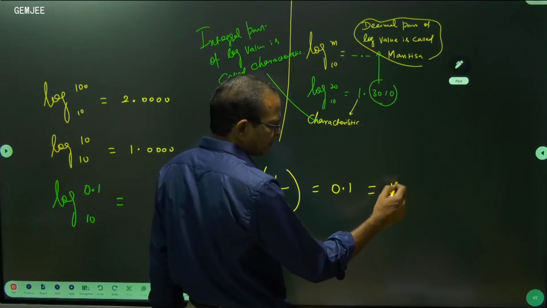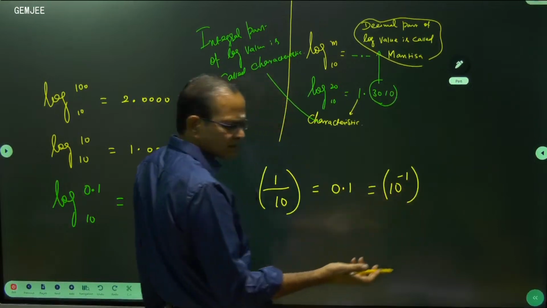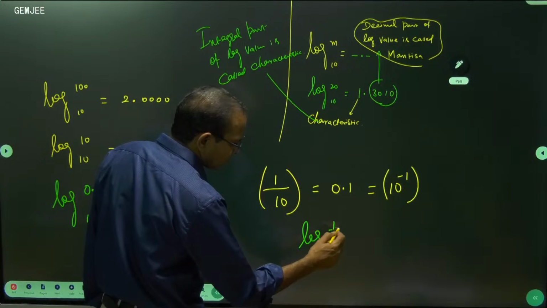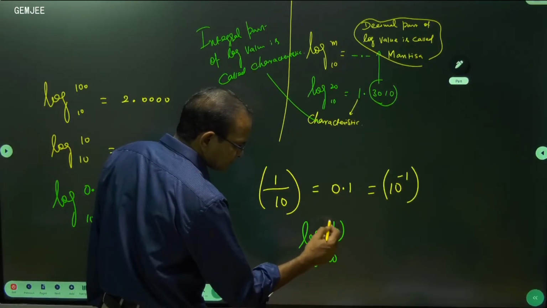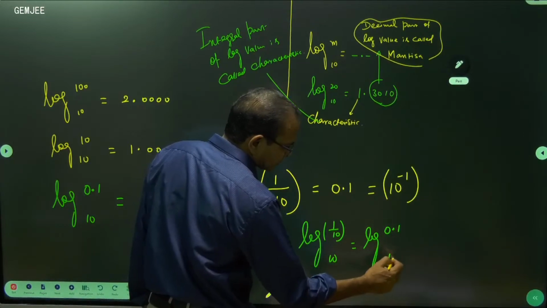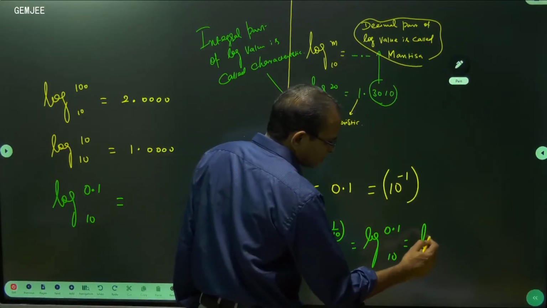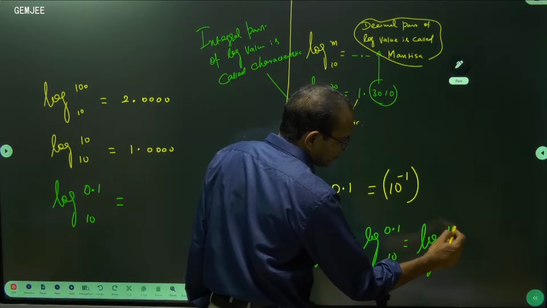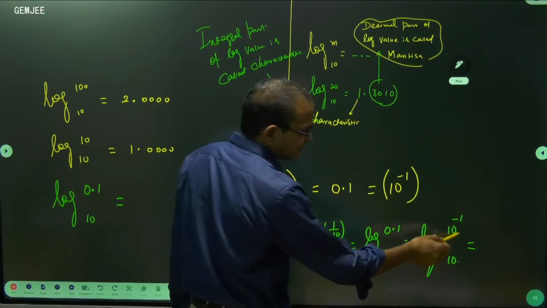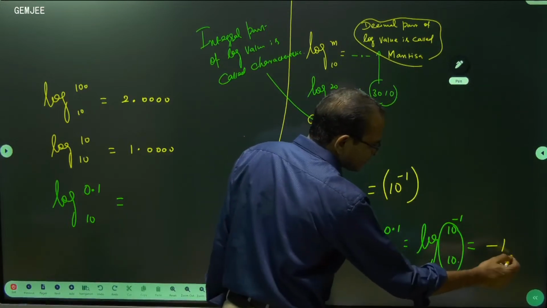You can call it 10 power minus 1. Now log of 1 by 10 to the base 10 is also log of 0.1 to the base 10, which is also log of 10 power minus 1 to the base 10. What is it? The 10s cancel, giving 1. So -1. Finished.